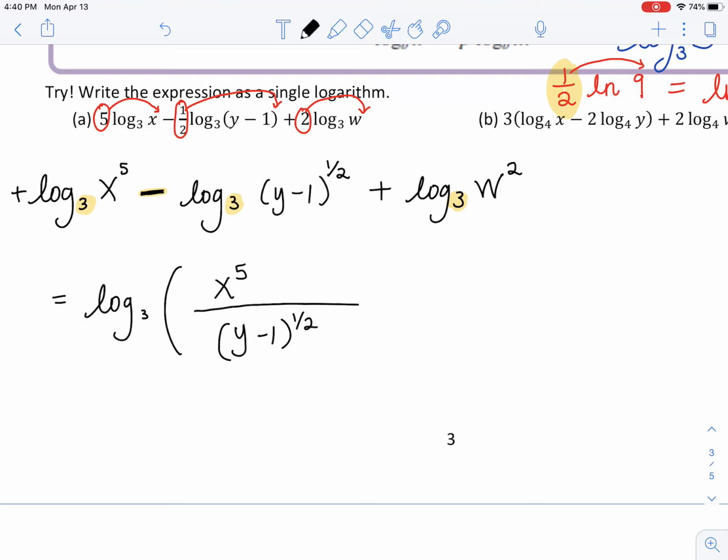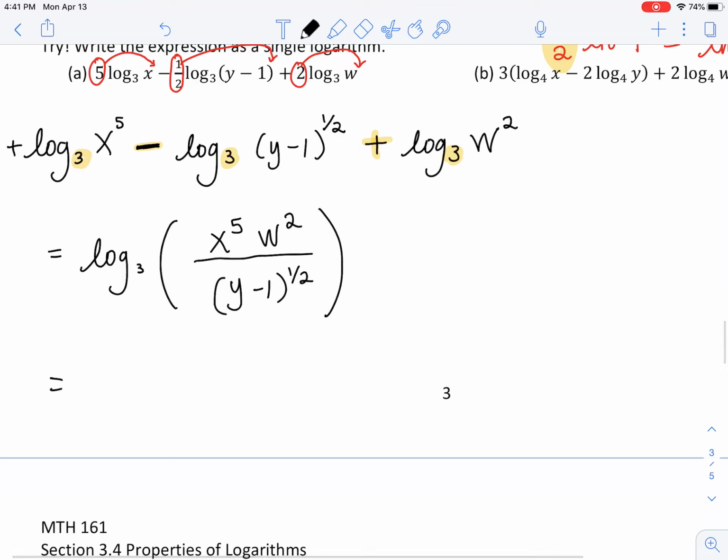And now this one, the very last one. Where do you think this w squared will go? That one will go to the numerator. And the reason is, this term has what sign in front? This one has a positive sign in front, so it needs to stay on top. Now, this is a fine-looking answer, but if you want to simplify or rewrite it, one way of doing this is this.